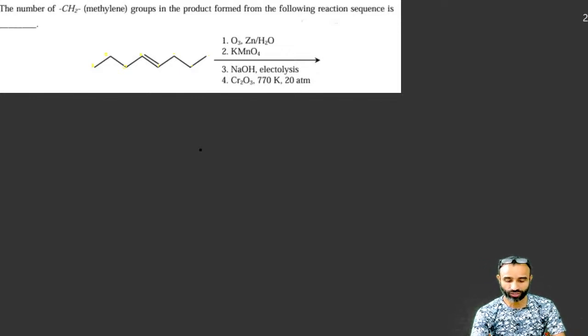So when this oct-4-ene, or any alkene, is treated with ozone and then followed by Zn/H2O, that means reductive ozonolysis. This is O3, first one, O3 with Zn/H2O.